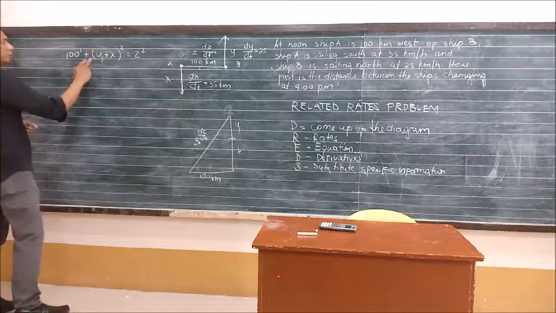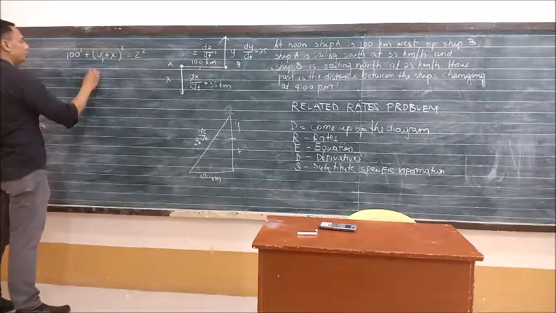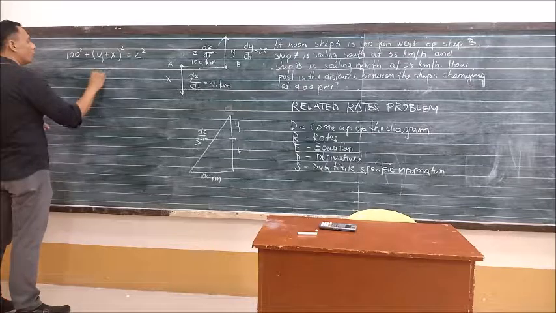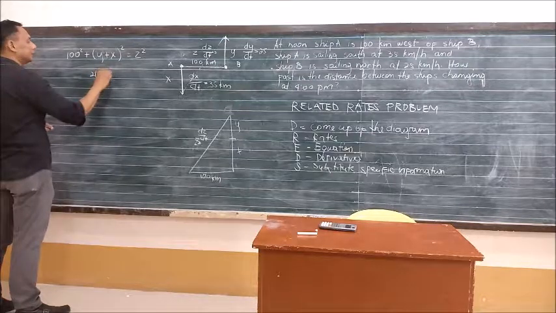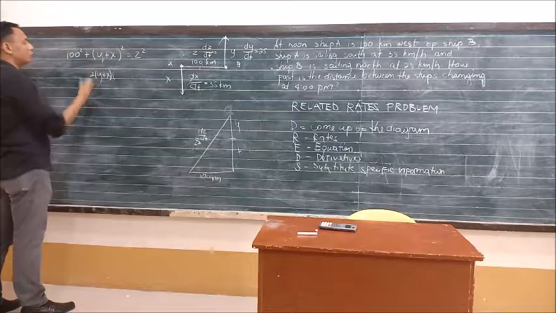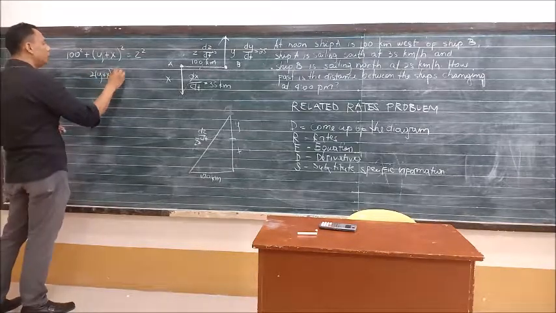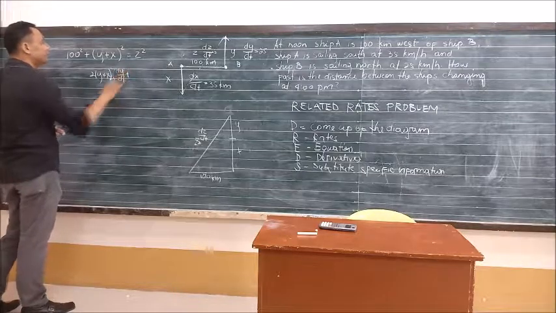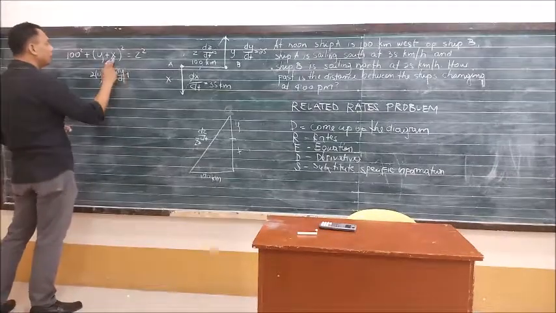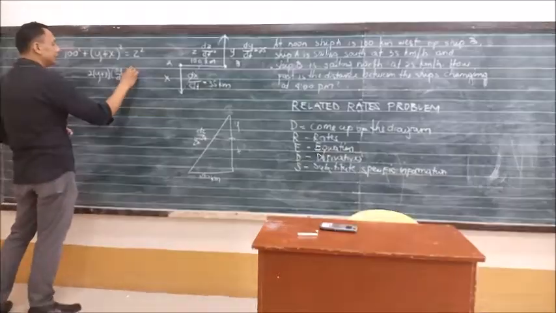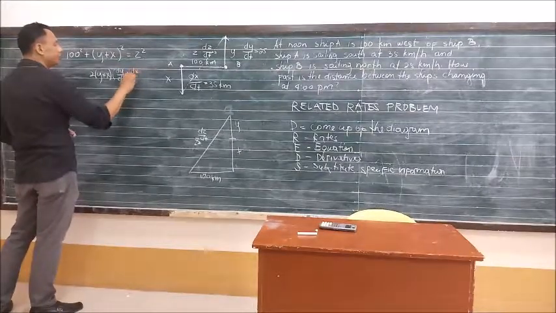The derivative of this quantity is 2 times (y plus x) times 1. The derivative of y is 1 dy/dt, plus the derivative of x is 1 dx/dt, with respect to time.